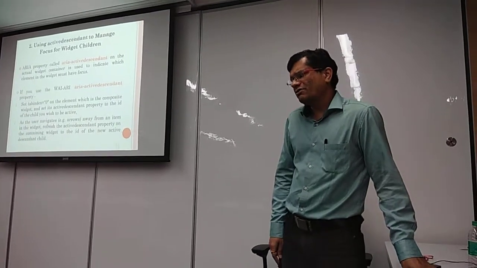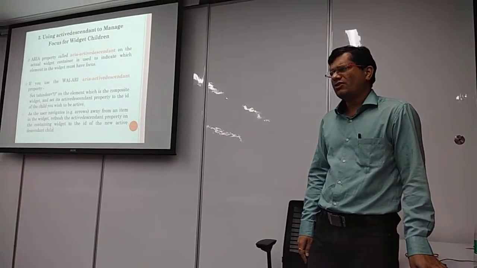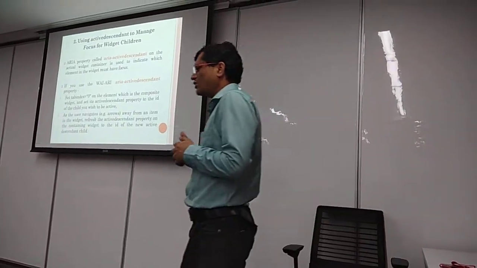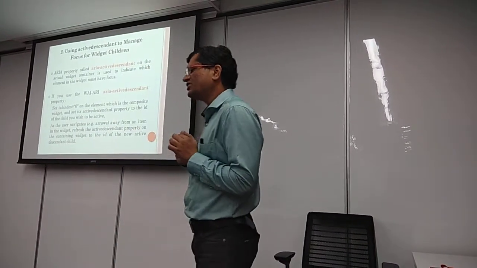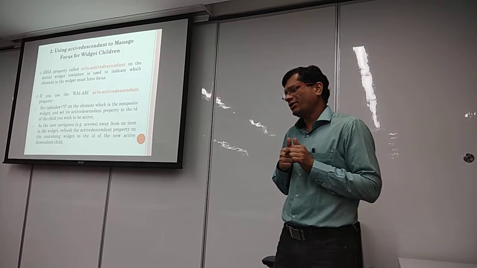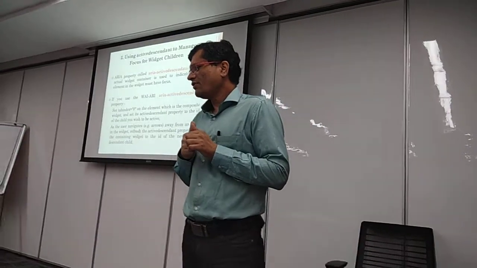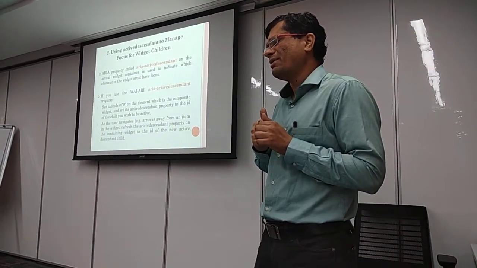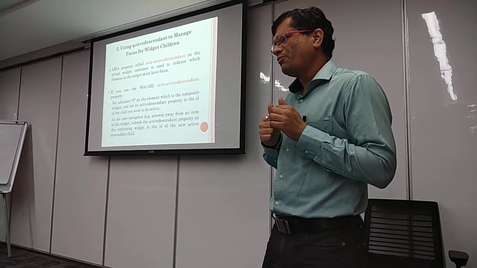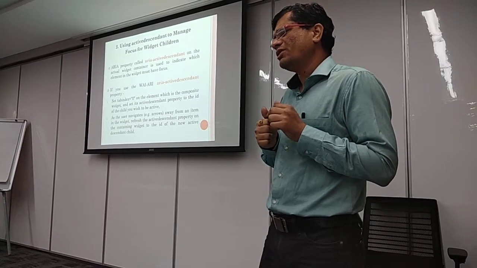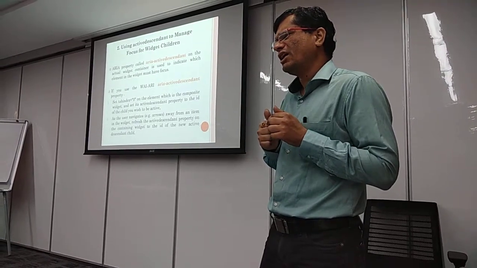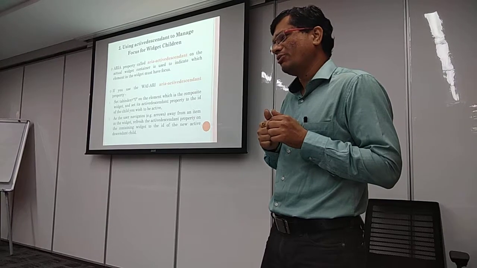Active descendant is a property which you can manage for providing focus to widget children, like suppose select state, or select city, then cities like Agartala, Agra, and you can select Ahmedabad. All these cities you can select when the keyboard focus goes to the widget, but the widget children cannot be read, meaning all the elements of the combo box cannot be read.